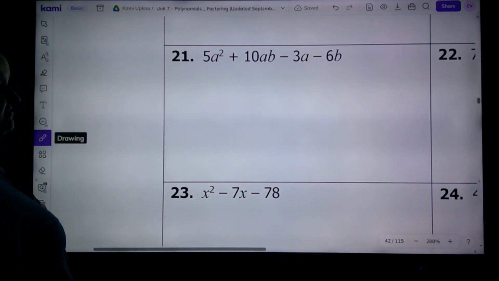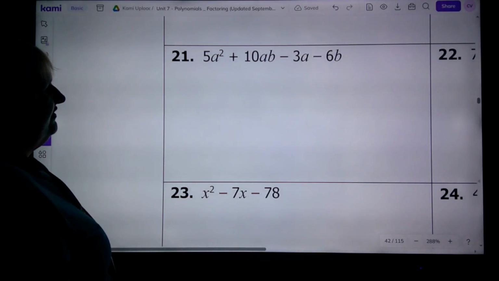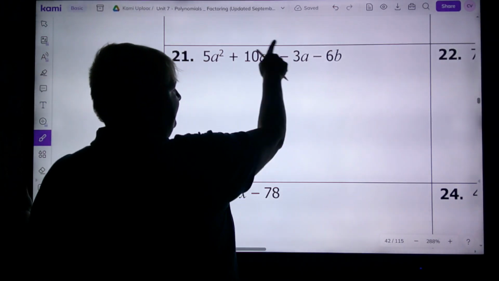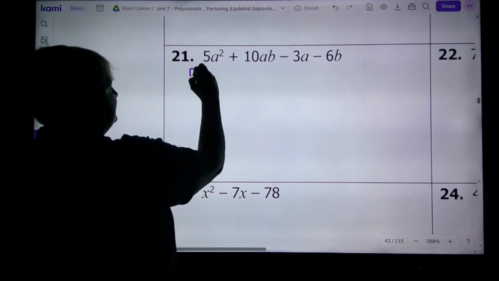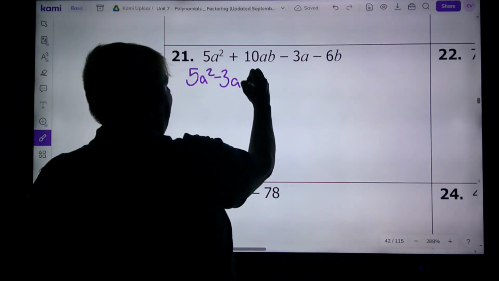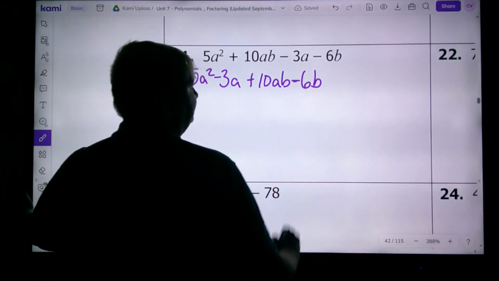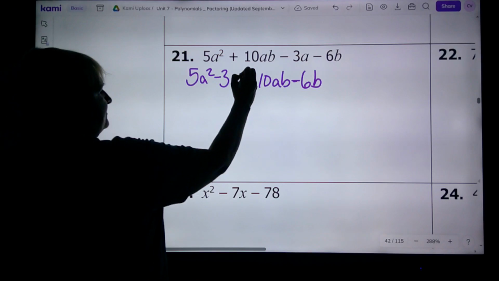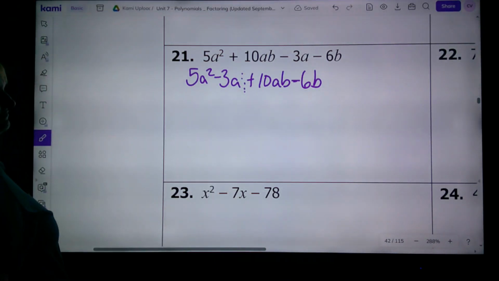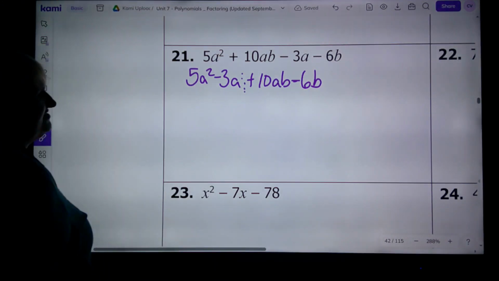Alright, 4 terms. Let's see if they're grouped well, or if we're going to have to maneuver. A, B, B, B. Let's rearrange. Let's flip these around. So let's put the A's next to each other. And then let's put the one that has the B next to the other one that has the B. Let's put our little line just to remind us. All right, we can factor out, ooh, this is interesting.